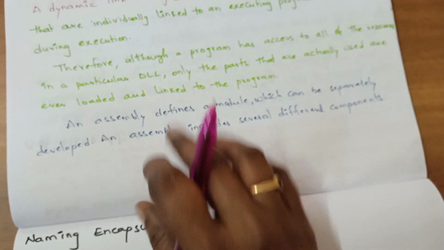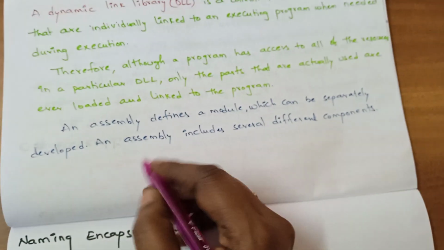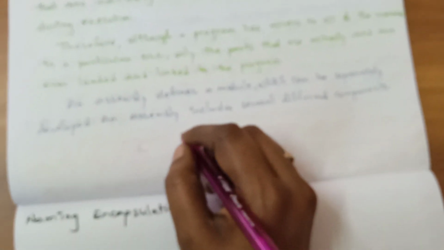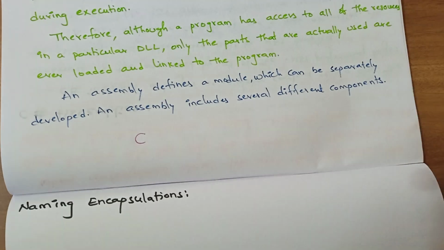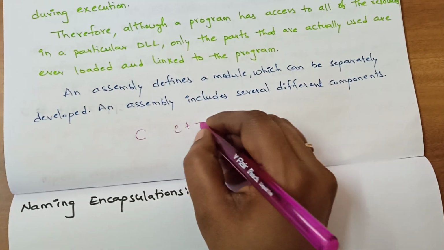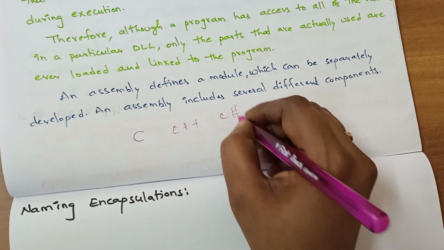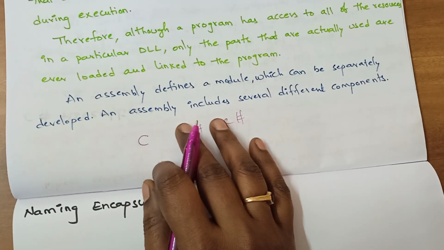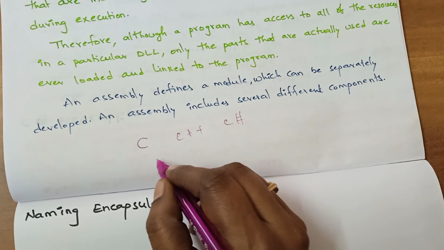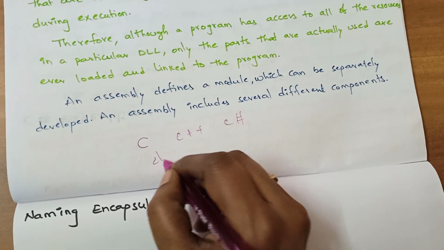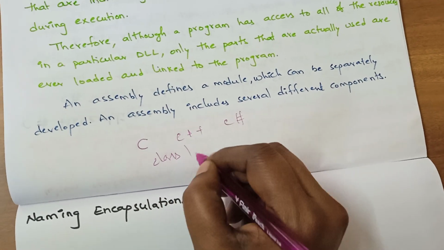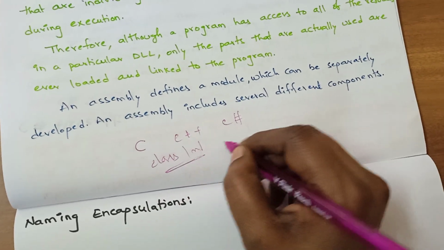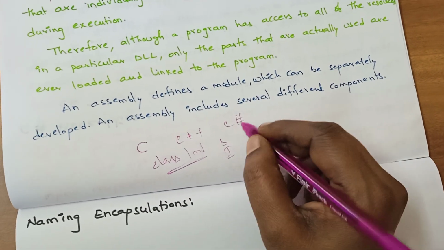See, understand this encapsulation. Either it can be C, or C++, or C sharp, whichever programming language it is. What we are talking about is that we will write some class or method, and this will be specified and implemented.